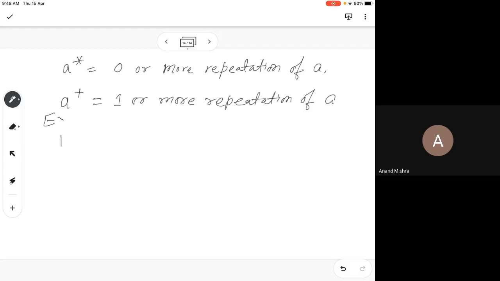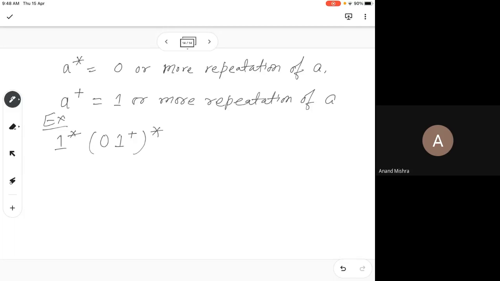Let me take an example: 1 star, (0, 1 plus) star. What will happen? So this is a regular expression.